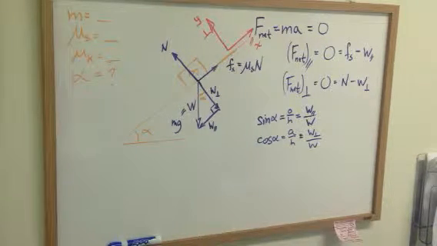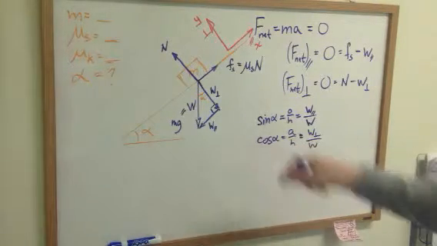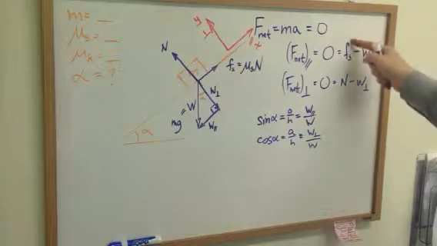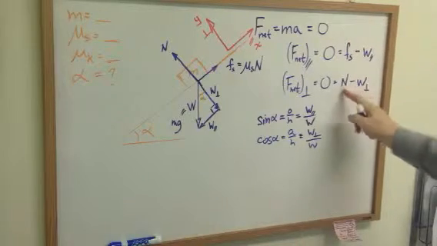And that gives us two expressions for the angle alpha. How can you solve that? Let's see, that's two expressions, what's unknown? The friction is unknown, and the n is unknown.